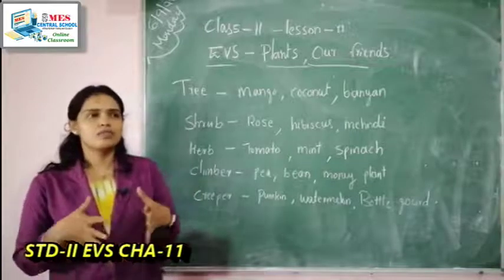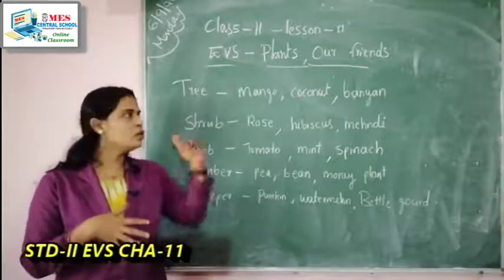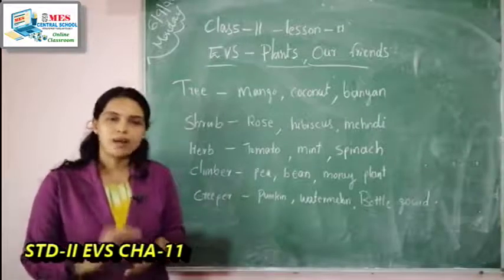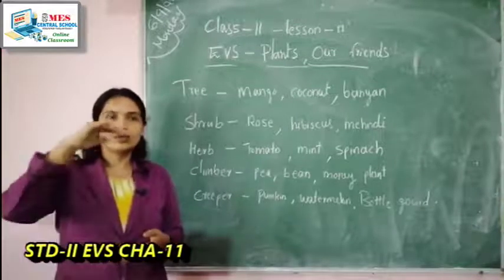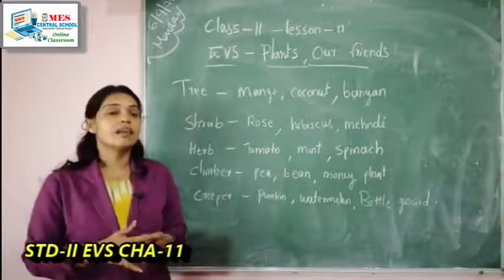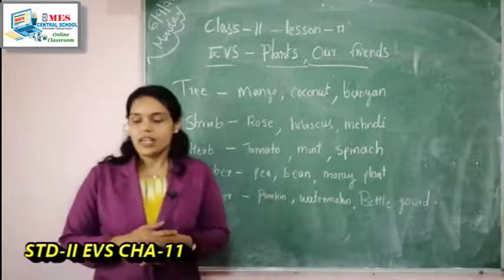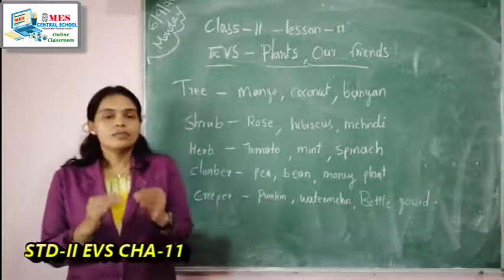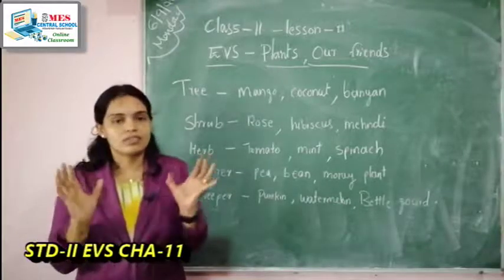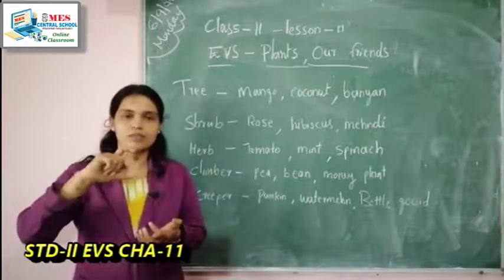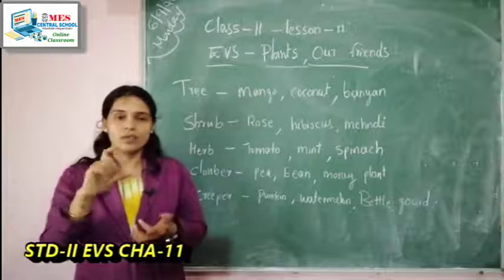Shrubs, compared to trees, are very short and small, not the normal height like trees. But shrubs also have many branches, and the stem of a shrub is hard, not soft.